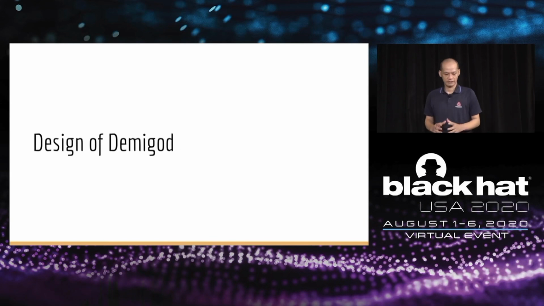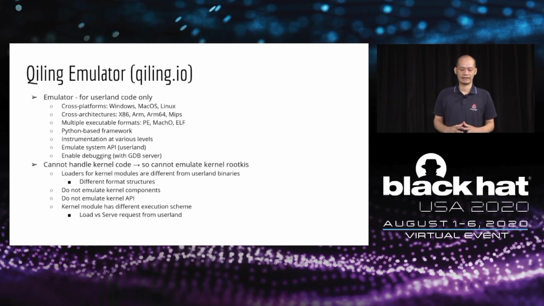So let's look at an existing emulator which is very close to what we are looking for. We are talking about Qiling emulator, which is an open source emulator. It supports multiple operating systems. So Qiling can emulate Windows, macOS, Linux.